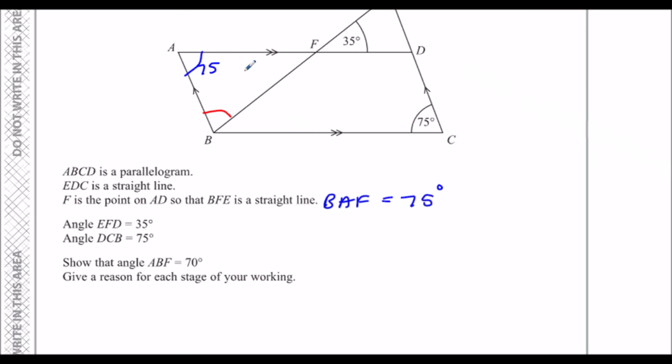And that's because opposite angles in a parallelogram are equal. So we have to give a reason. So opposite angles in a parallelogram are equal.